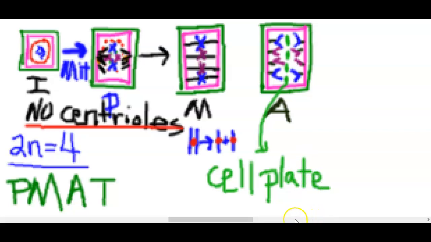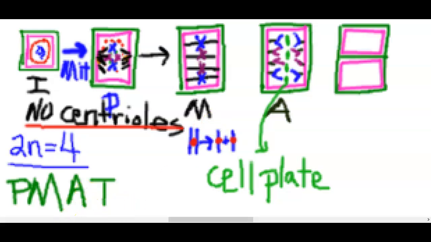So their cytokinesis is going to be different because they can't just pinch in and become two. They're going to actually have to split in half, like this. And actually at first, they will be half the size. So our last phase, telophase. So that cell plate, oh, I should have done it the other way.